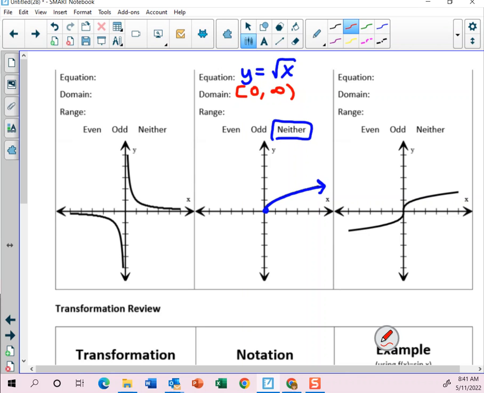We can't put negative numbers in for x. So 0 to infinity. We're not going to get any negative numbers out for y. When we start to take square roots of negatives, that gets into the concept of imaginary numbers, which are important for different types of mathematics. For the things we study in calculus, actually, we don't talk about things that are imaginary. Not in beginning calculus.